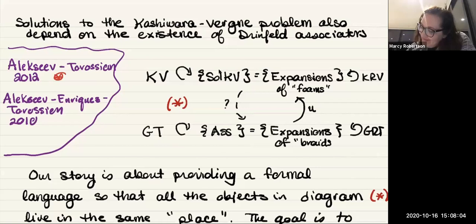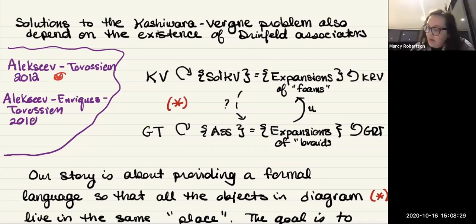Let's put this all into a diagram, which will come up in the talk again. So what happens here? Okay, so we have associators, and these correspond to expansions of braids, so knot invariants for classical tangles and knots. And GT is living down here. Up here, I have a four-dimensional topic.